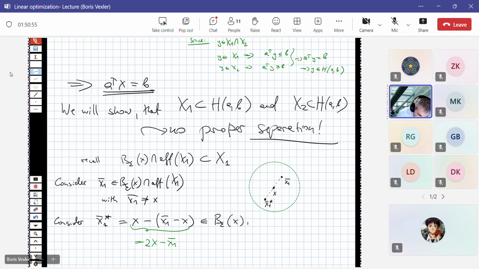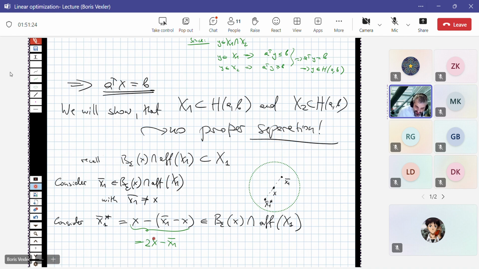And I claim that this is also in the affine hull of X1. Why is it in the affine hull of X1? Can you tell me? I mean, we change signs in the linear combination, which gives us x1 bar maybe.